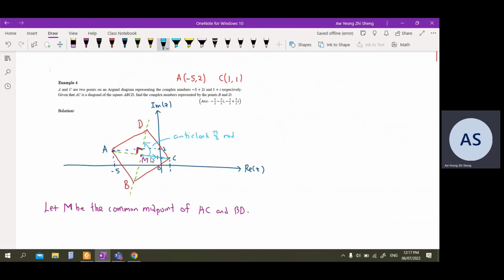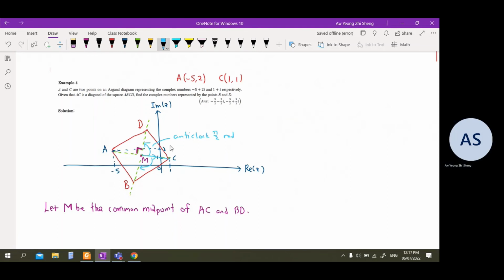And if I rotate it clockwise by pi over 2 radians, I can get the vector MB easily. And then later it would be easy for me to obtain the vector OB and OD as required by the question.